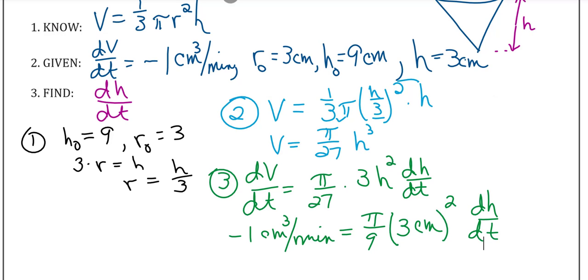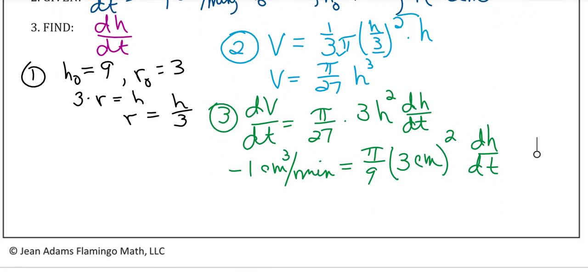Solving this, we have a 9 here, so the 9s will cancel, and then we're just going to have pi centimeters squared times dh/dt.